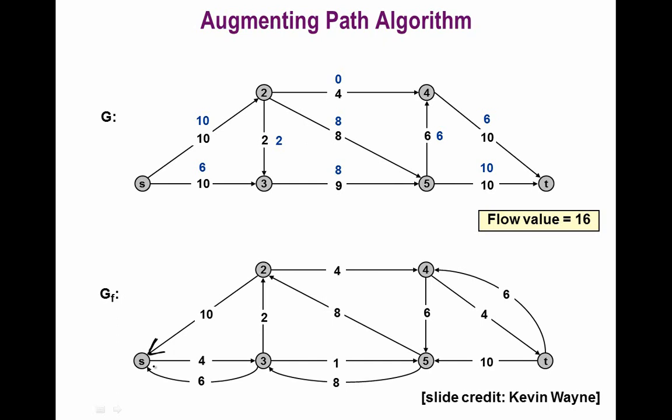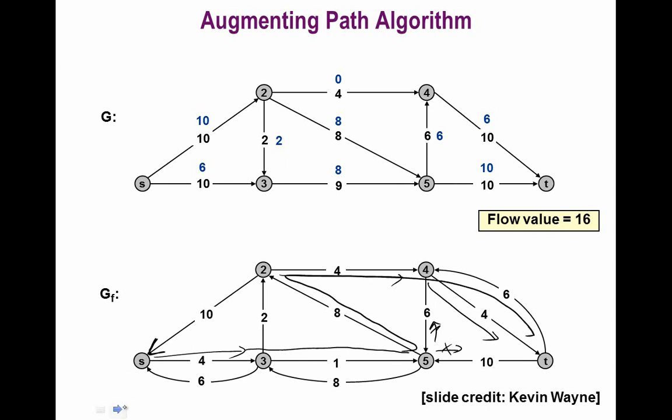However, I could send up to 4 units in this direction, and then I could send something in this direction, and in that direction. Or another augmenting path would be to continue here, and then I cannot continue there, but I can take a turn and go on.